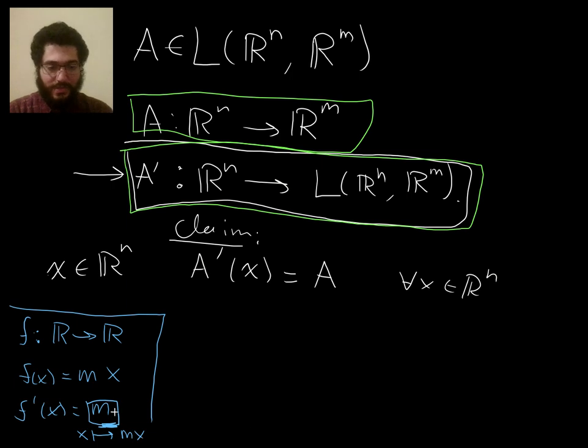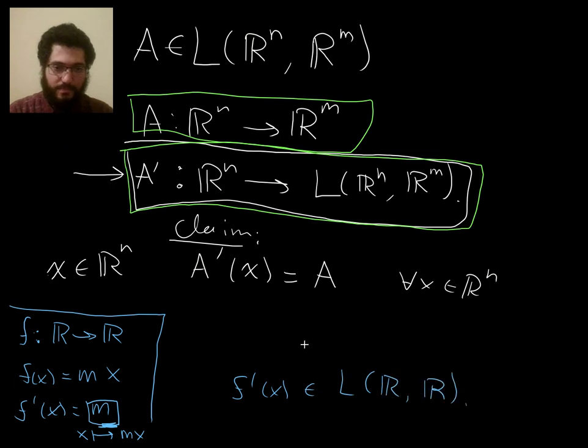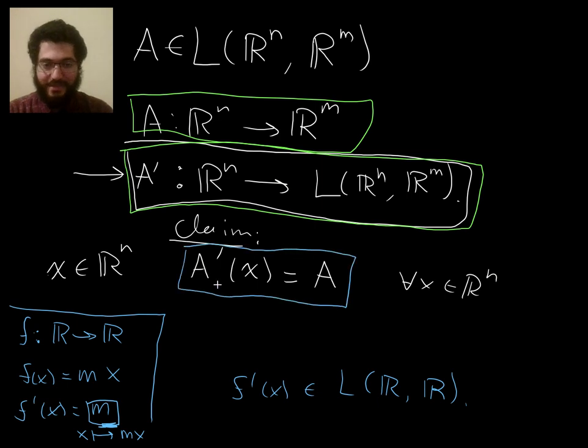That's what f prime of x would be. In our new viewpoint, instead of f prime of x being a real number, it would be a map of this type. Okay, so just like before, we get that the derivative of a linear map is a constant function, and if you evaluate it at any point, you get this pretty statement that the derivative of a linear map at a point is the original linear map.